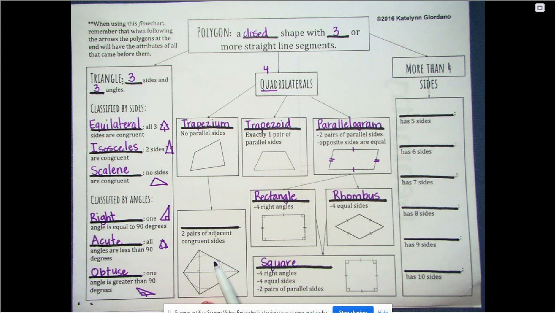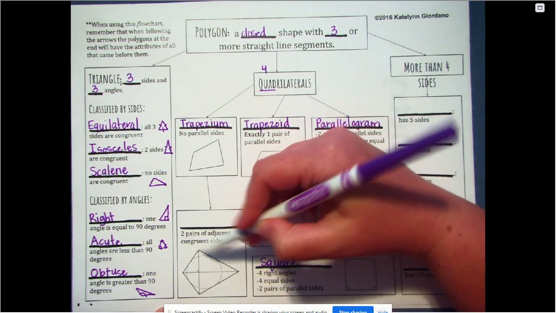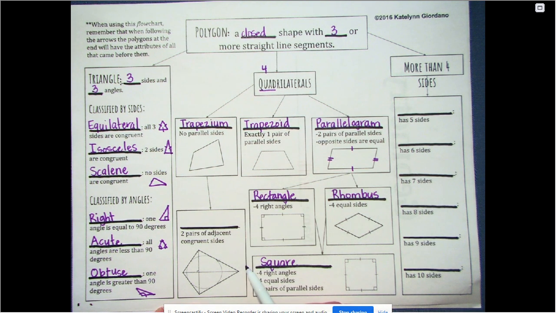And over here, when we look, this one has no parallel sides. This shape also does not because they intersect. So if I kept going on either of those sides, but it has two pairs of adjacent congruent sides, which means this side and this side are adjacent because they're next to each other.